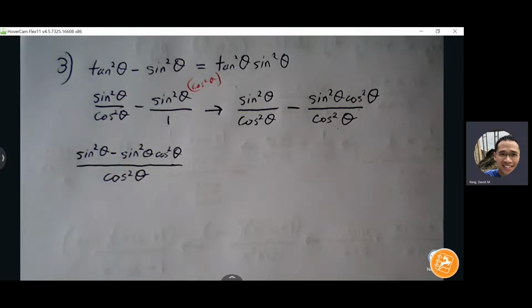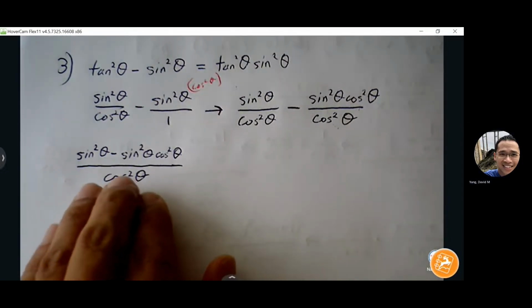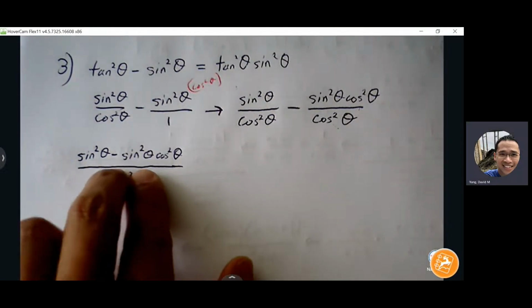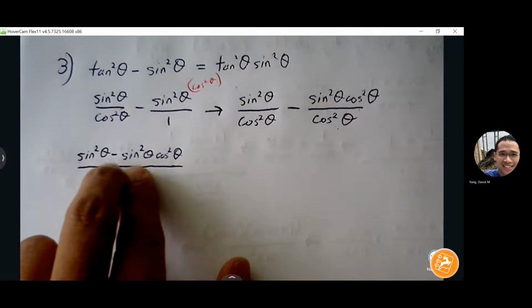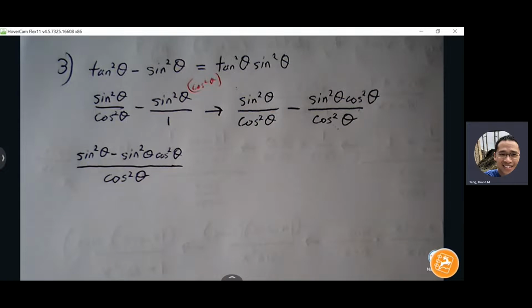What about factoring? Is there a GCF that we can get this to look like something else? What's the GCF for the numerator?